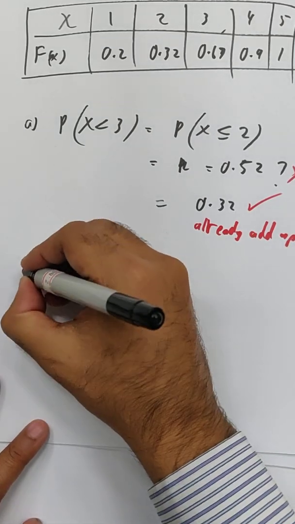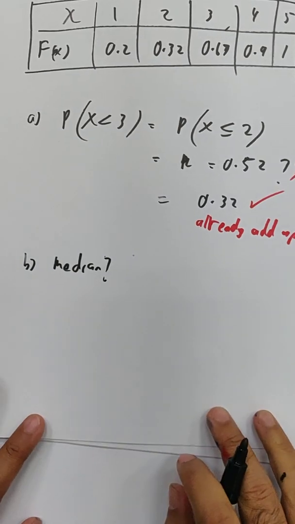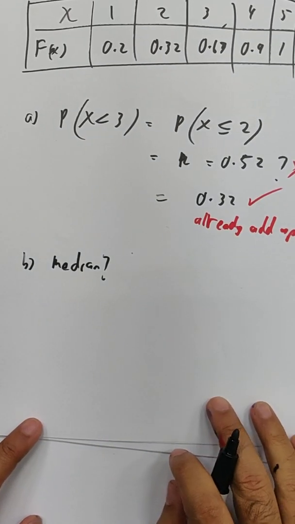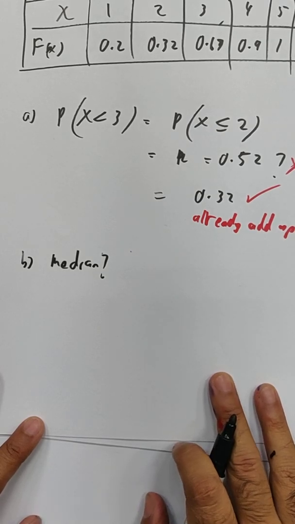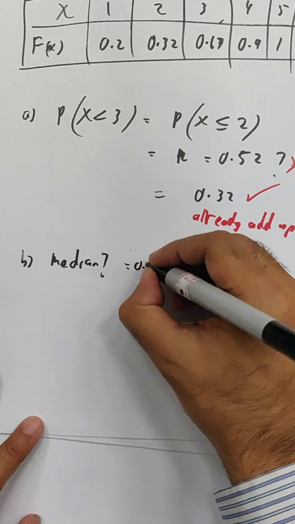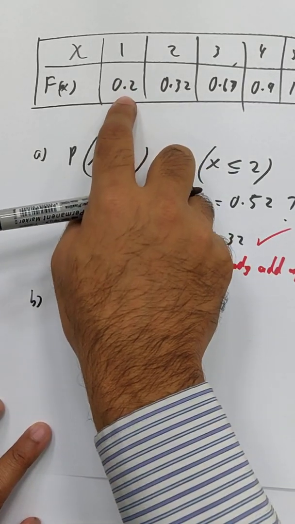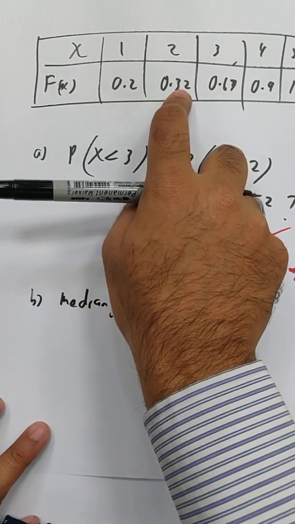Okay, now what about if I ask you to find the median? This one is a bit tricky. I'll be honest, sometimes even I still get confused. Median is what? 0.5, right? Is 0.5 contained here?